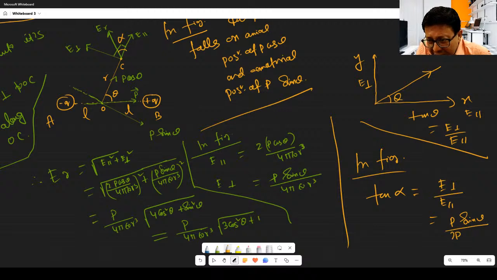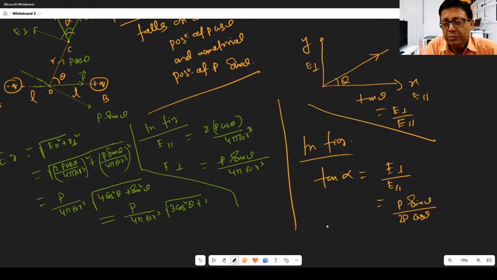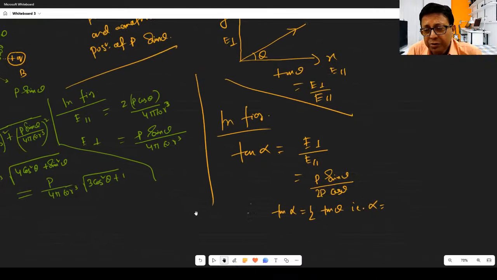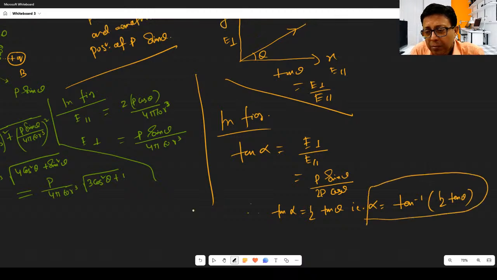The rest get cancelled. So tan alpha equal to half tan theta, that is alpha equal to tan inverse of half tan theta.